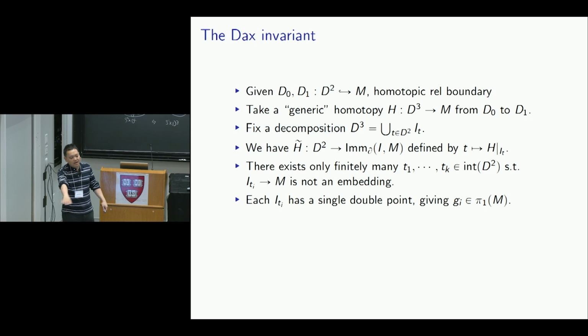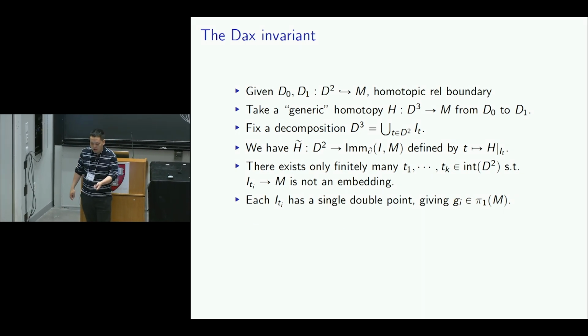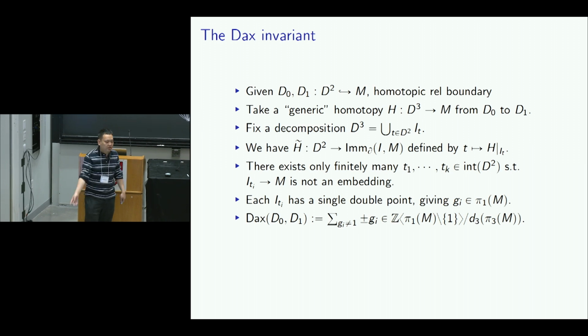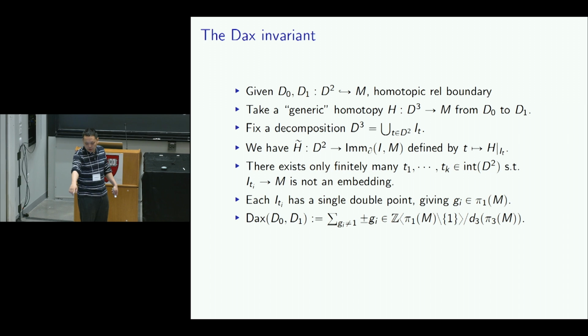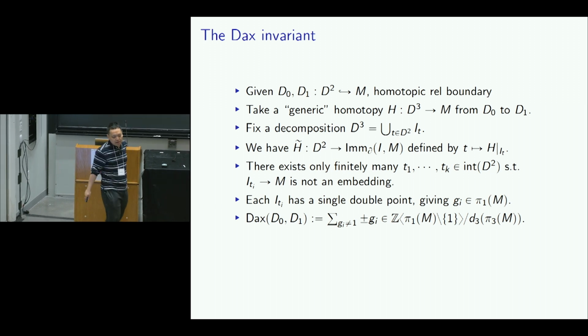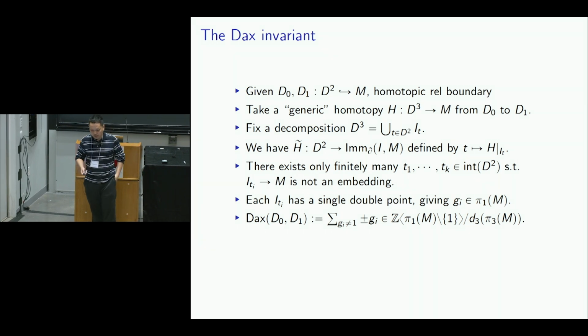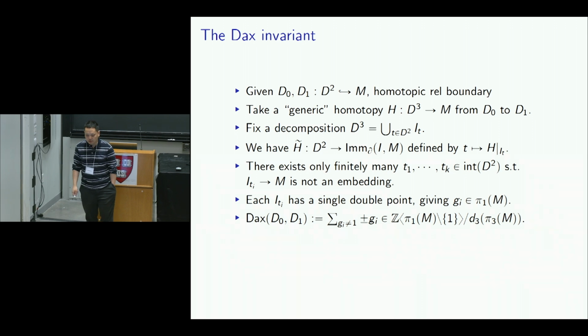So we have finitely many elements in the fundamental group. The Dax invariant is just the sum of these elements. We discard those identity elements and just take the sum of those non-contractible elements. Let's define this as the Dax invariant.